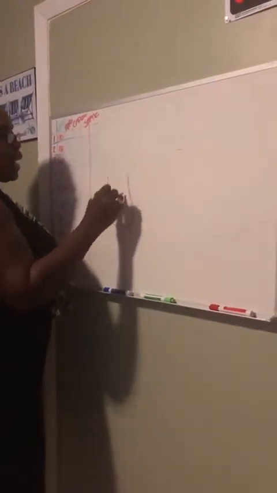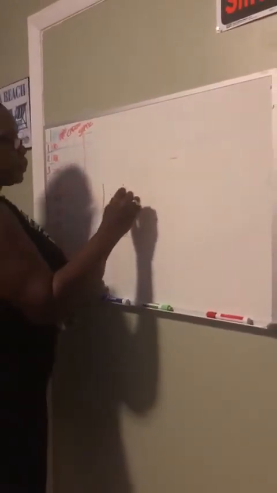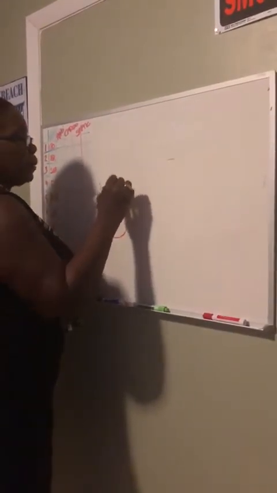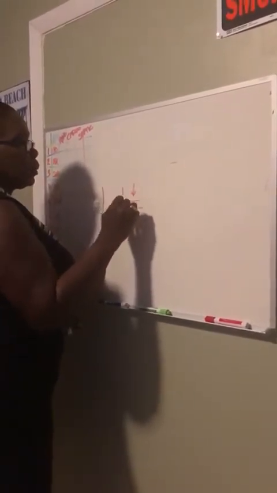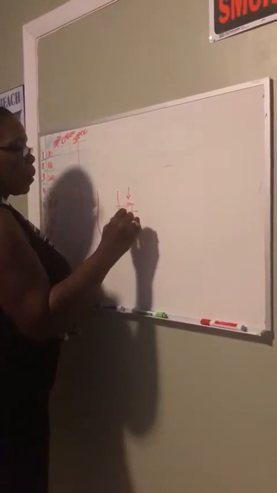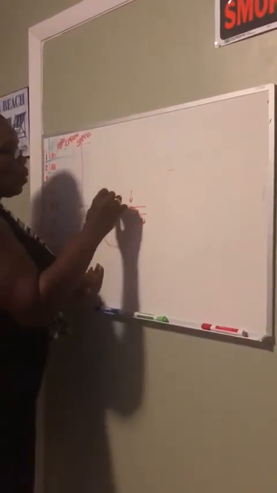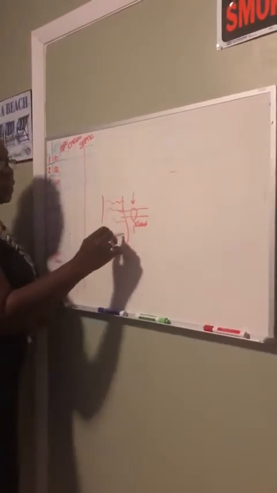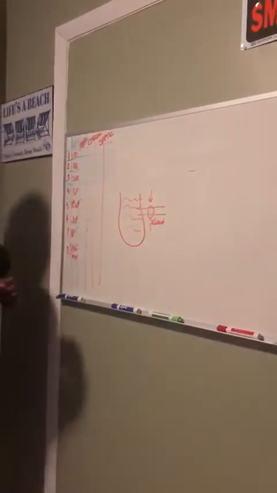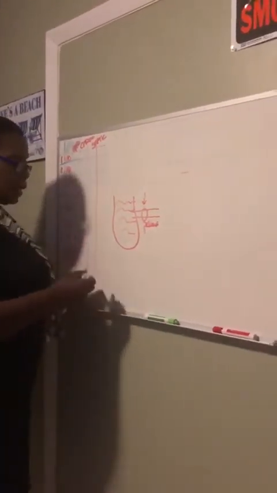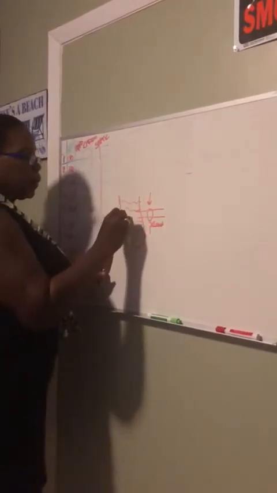So, this is our vasculature system. This is our preload. The vasculature system holds blood. What did I say was in blood in the last segment? Hemoglobin.